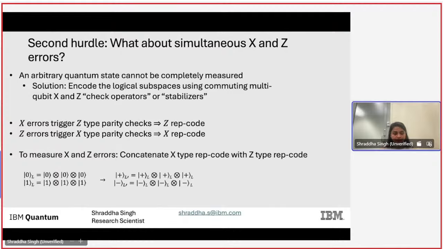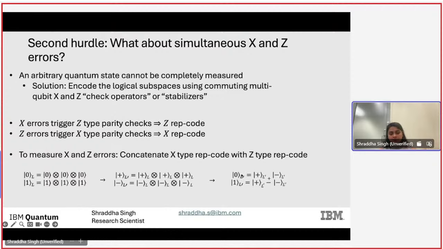That means the previous 0 logical and 1 logical, the plus superposition of those is this plus logical. And you take the tensor product of those three. That means this is a 9 qubit state, because each of these plus logical states represented here requires 3 qubit encoding as shown here. So this 9 qubit plus logical dash, minus logical dash is your final logical state.